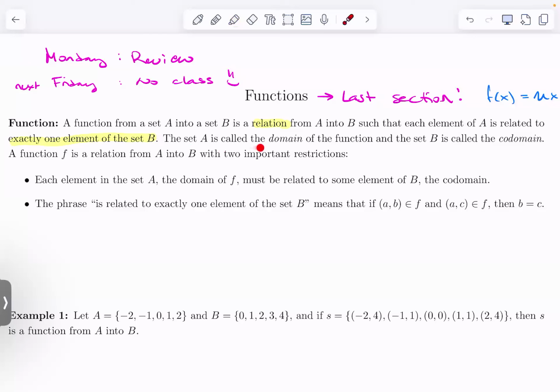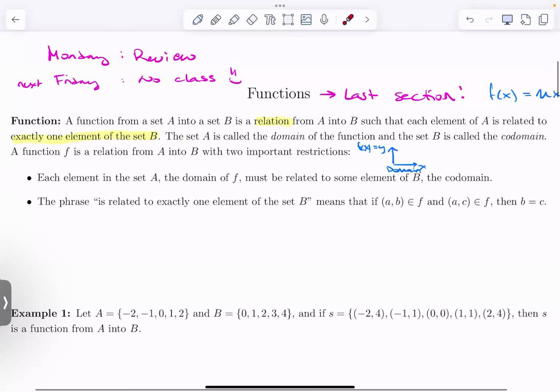So the set A is called the domain of the function. You've probably heard about the domain of the function in terms of a graph. All the values of x make up the domain, right? If you're thinking back to graphs, then f of x, which is also y, is the output. I'm not calling it the range for a reason, okay?